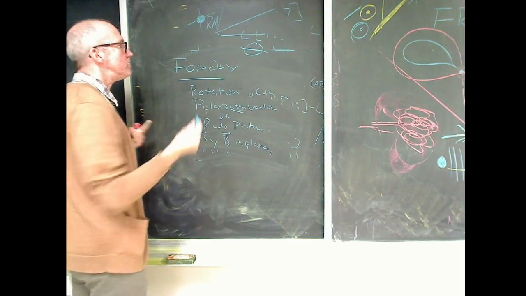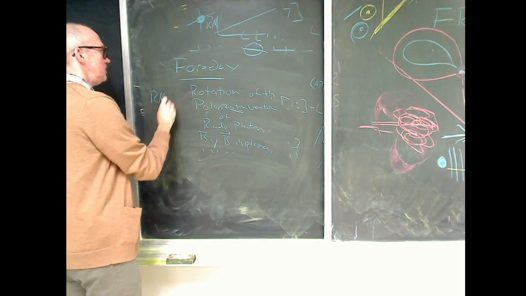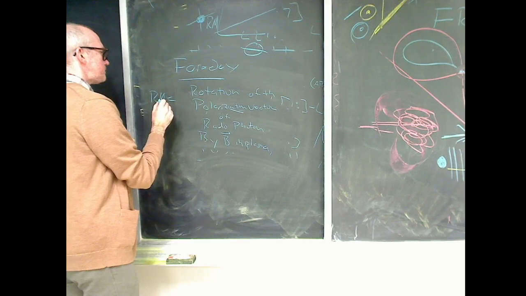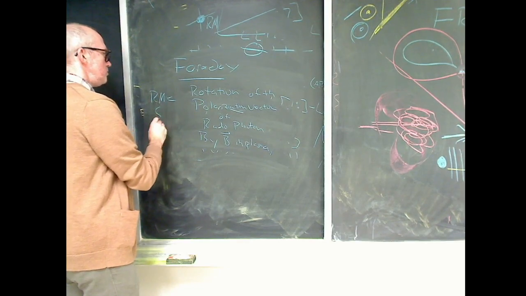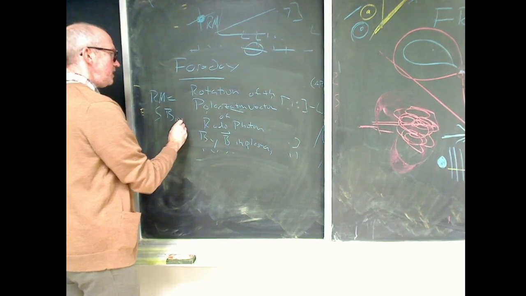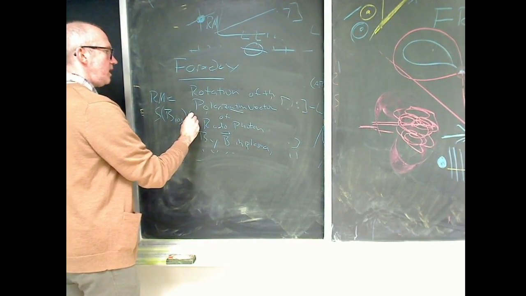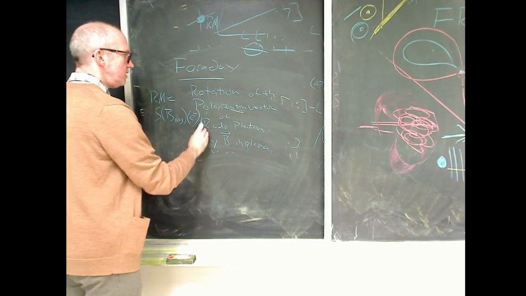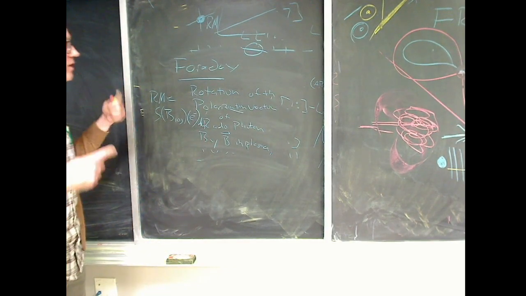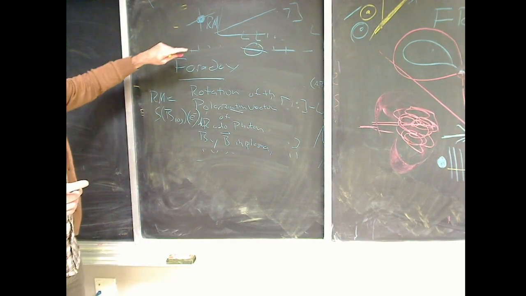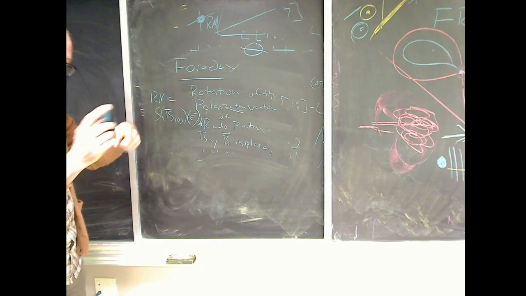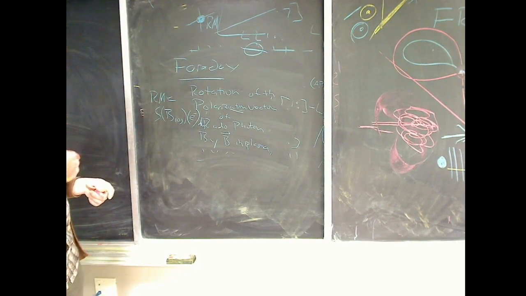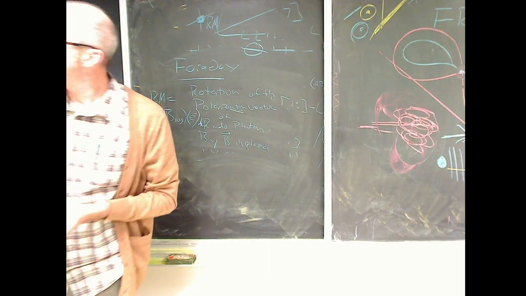The rotation measure is also proportional to the line of sight magnetic field times the electron density along the line of sight. It's an integral along the line of sight. So Faraday rotation, and you don't need to remember much of this, is the rotation of polarized vectors from plasma. You can use it to measure the magnetic field. This is why we like it.